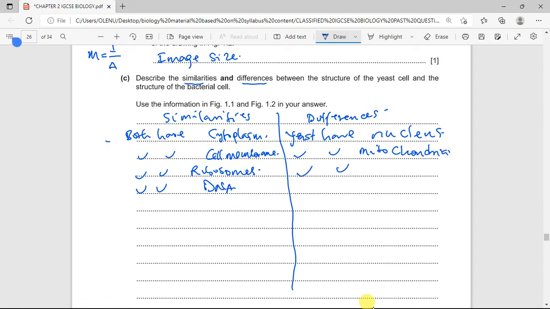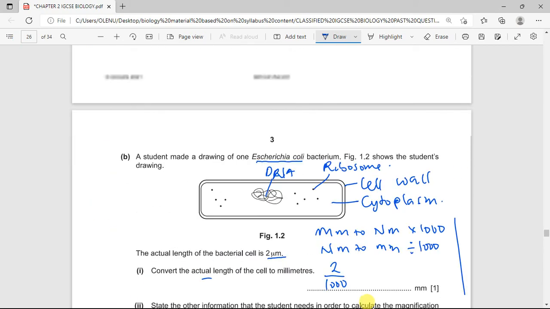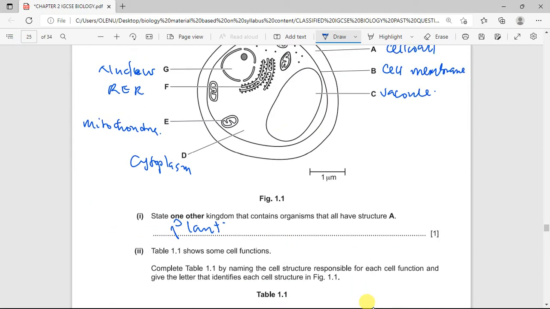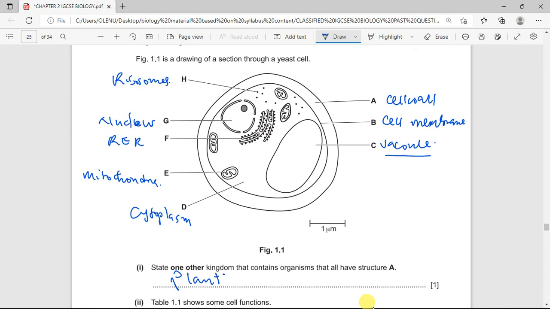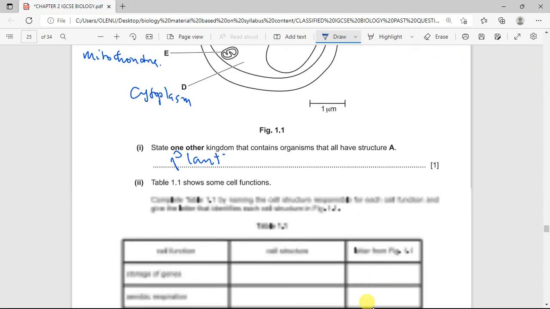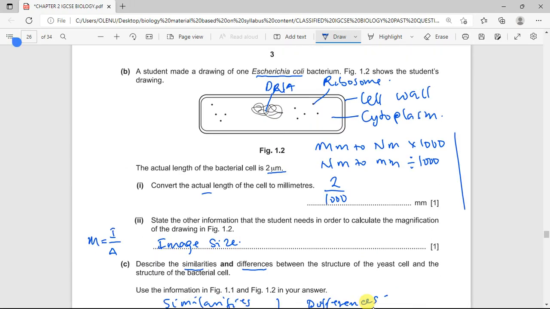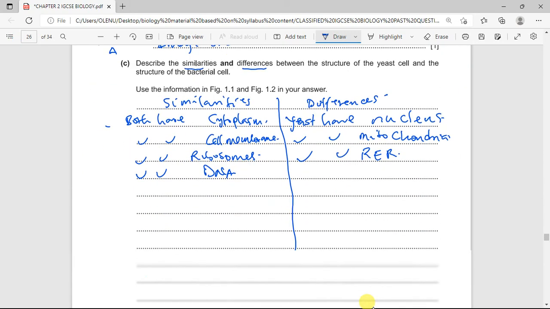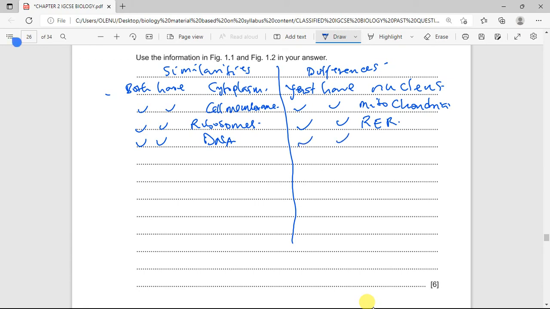Yeast have rough endoplasmic reticulum. Yeast have a vacuole also. This will give you a 6 mark.